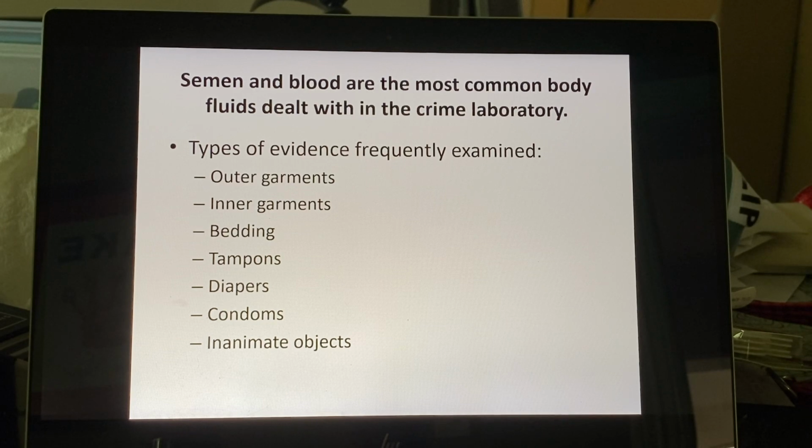And what I love is that a lot of offenders believe that if they use a condom, it will destroy the DNA. Not true, okay? Even if an offender is using a spermicidal condom or some type of spermicide, all spermicide does is prevent the sperm from swimming.